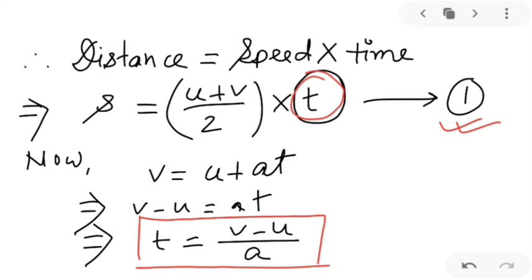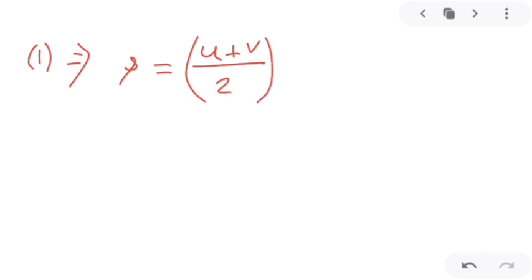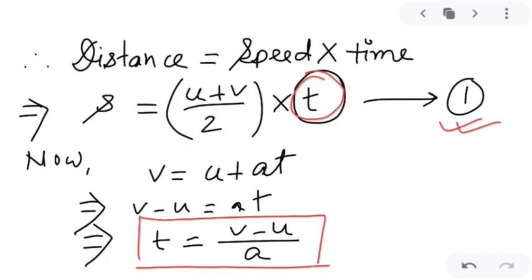From equation 1 we get s equals (u plus v) by 2, and t is (v minus u) by a.